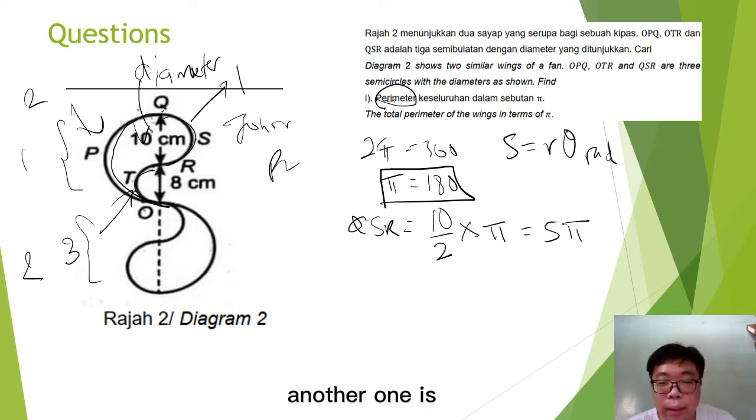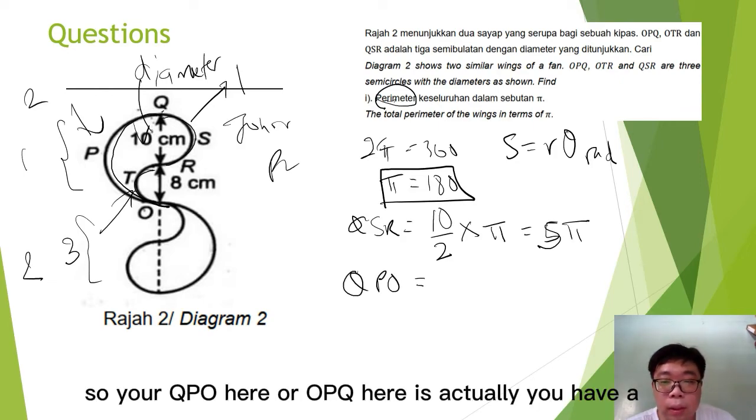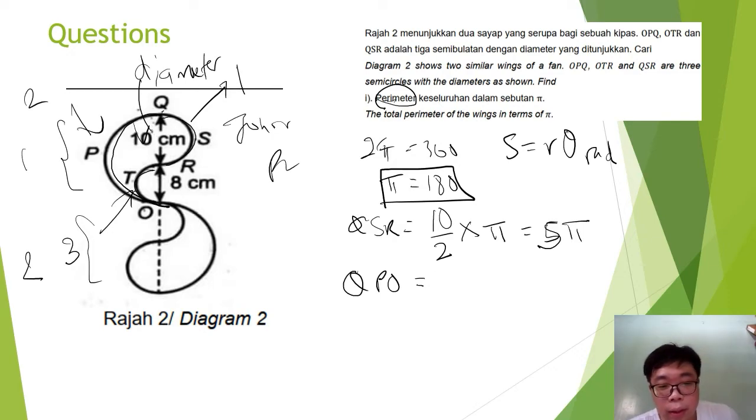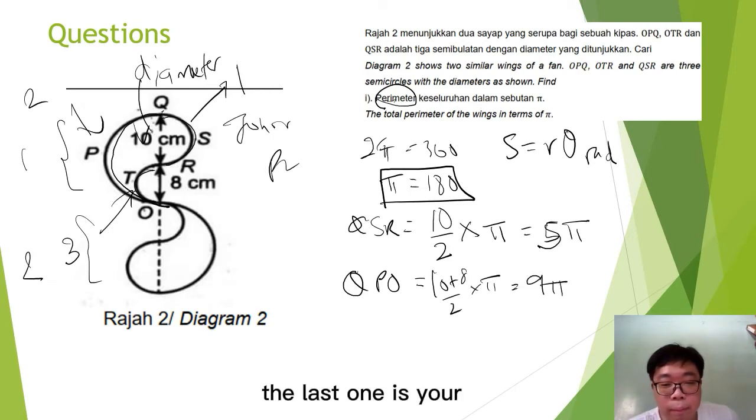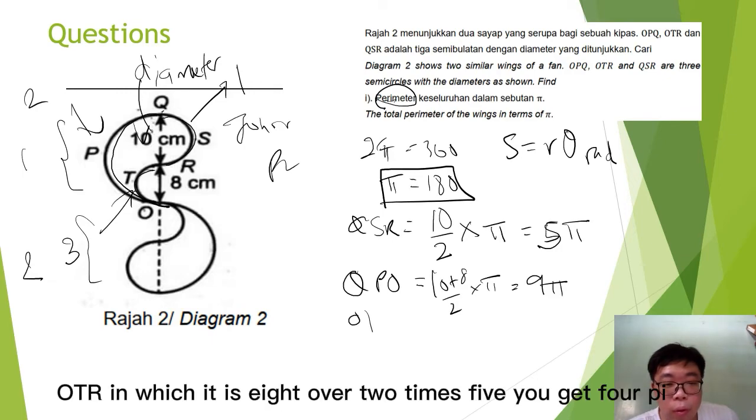Another one is you want to find QBO or OPQ. So your QBO here or OPQ here is actually 10 plus 8 over 2 times pi. So you get 9 pi. The last one is your OTR, in which it is 8 over 2 times pi, you get 4 pi.